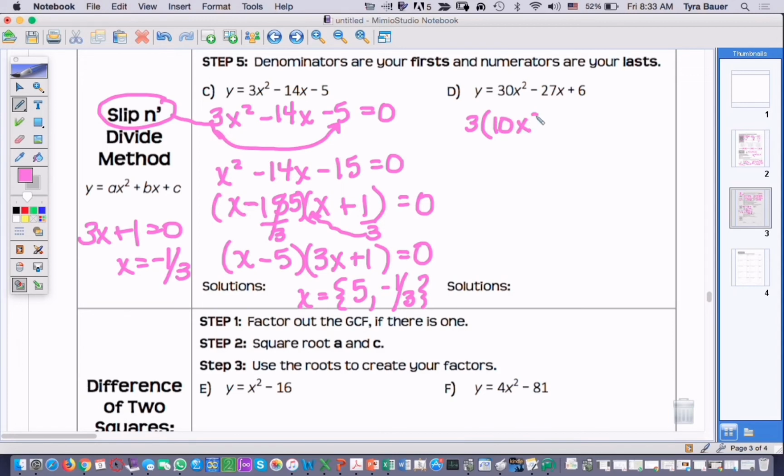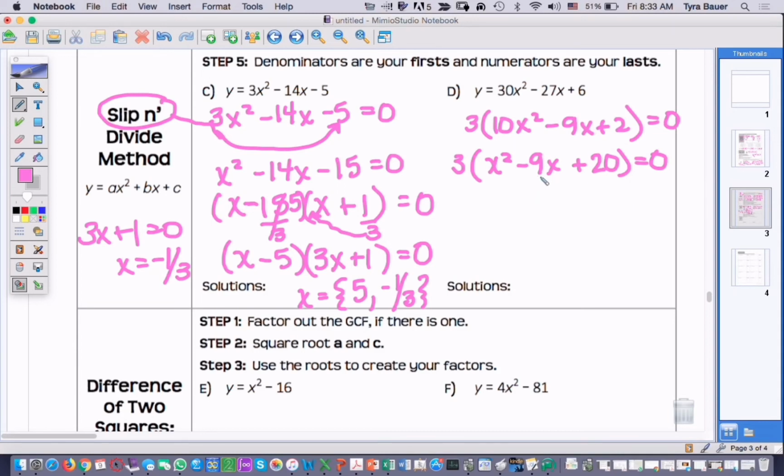All right, letter D. Do we have a GCF? What is it? Okay, so I have 3 times 10x squared minus 9x plus 2 equals 0. Now I'm going to have to do what? So I have x squared minus 9x plus 20.